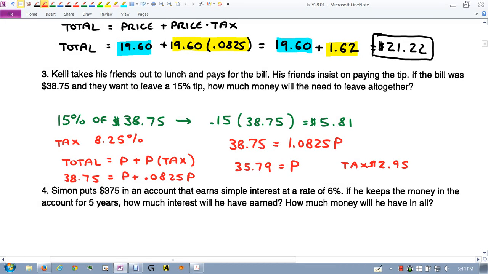And if you double that, 2 times tax is 5.90. Okay, so tax times 2 appears to be relatively close to a 15% tip on the total bill. Appears that way, yes.